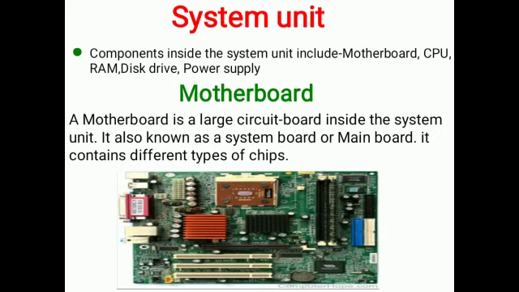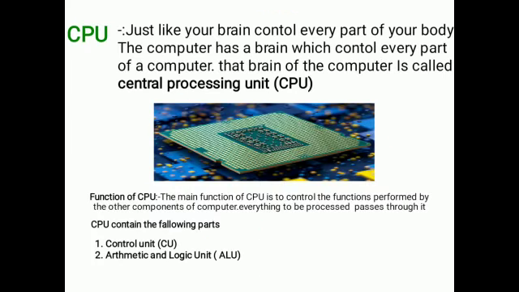Now let us discuss the CPU. Just like your brain controls every part of your body, the computer has a brain which controls every part of the computer. That brain of the computer is called the central processing unit. Then, what are the functions of the CPU?